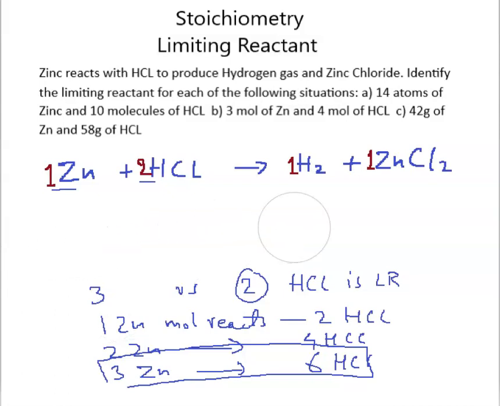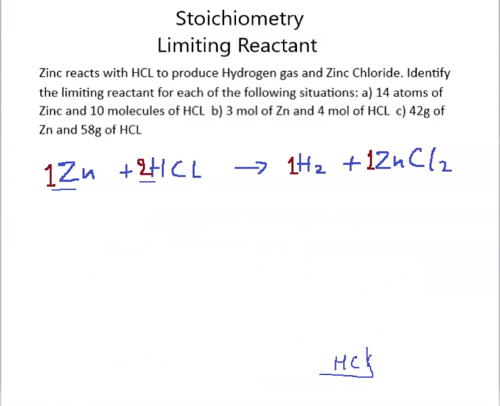So let's try part C. So in part C, 42 grams of zinc and 58 grams of HCl. So the mass is given in grams.